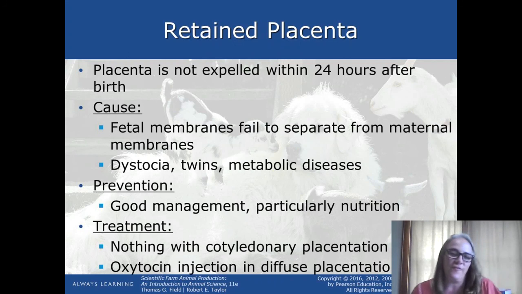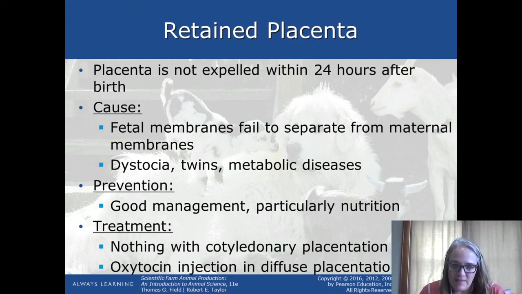The placenta should follow the fetus out, and if it is not expelled within 24 hours of birth, it starts to cause some big problems. The reason this might happen is that the fetal membranes sometimes don't separate from the maternal membranes. If there was some dystocia problems, sometimes if it's twins, maybe there's a metabolic disease, sometimes those membranes just don't separate.